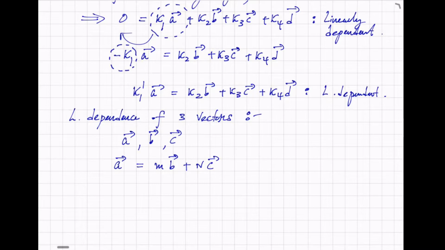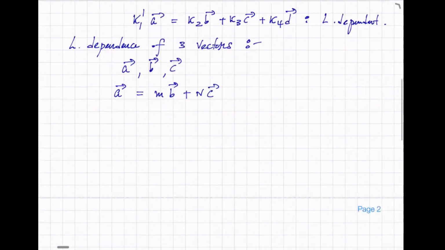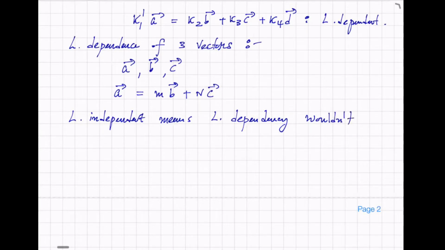So linearly independent means linear dependency wouldn't hold true. For example, a three vector system.